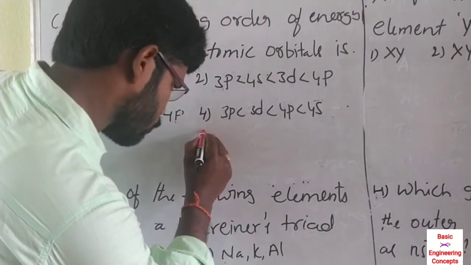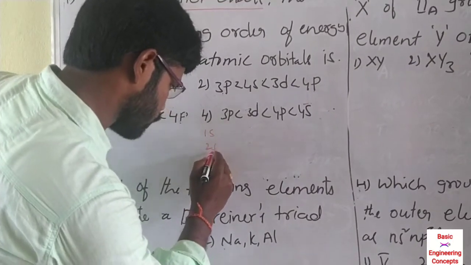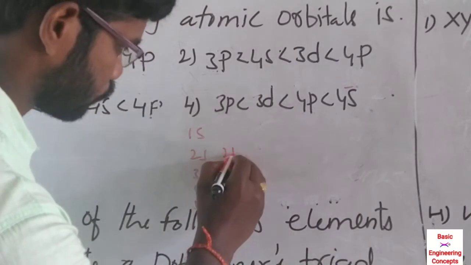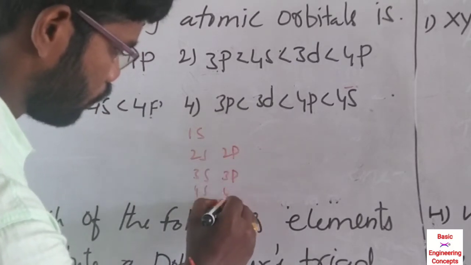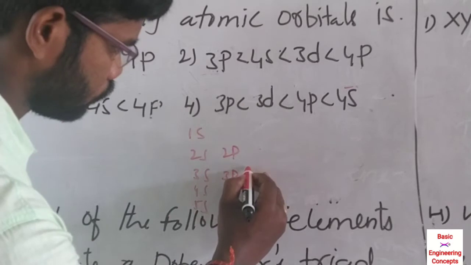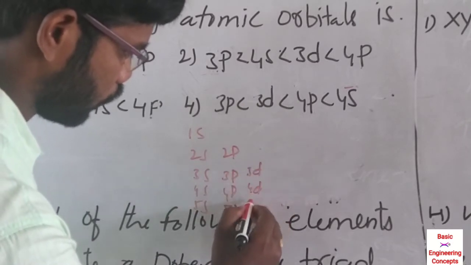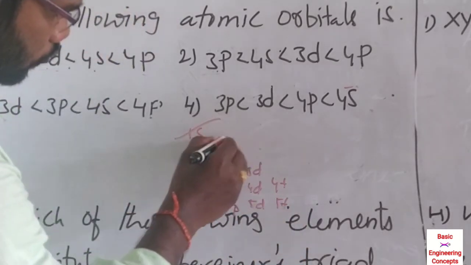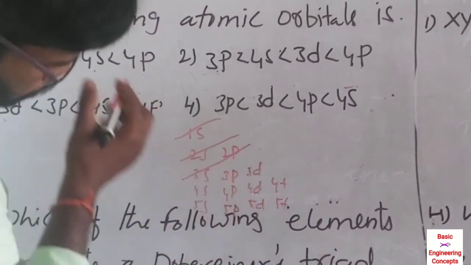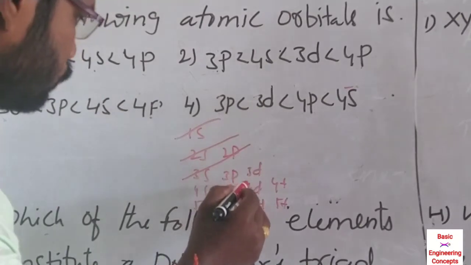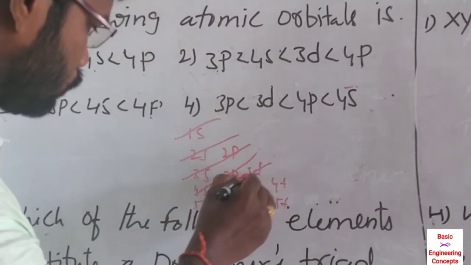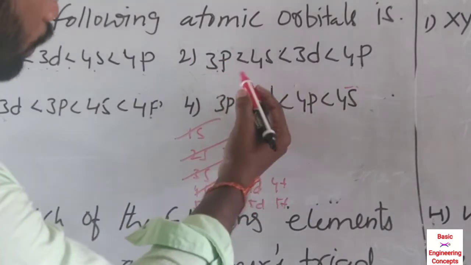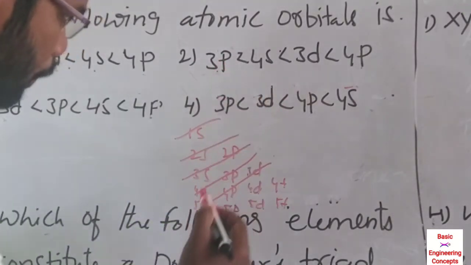This is the Moeller chart: 1s, 2s, 3s, 4s, 5s, 3p, 4p, 5p, 3d, 4d, 5d, 4f, 5f. So this is the order. According to the Moeller chart, it starts from the 3p orbital.